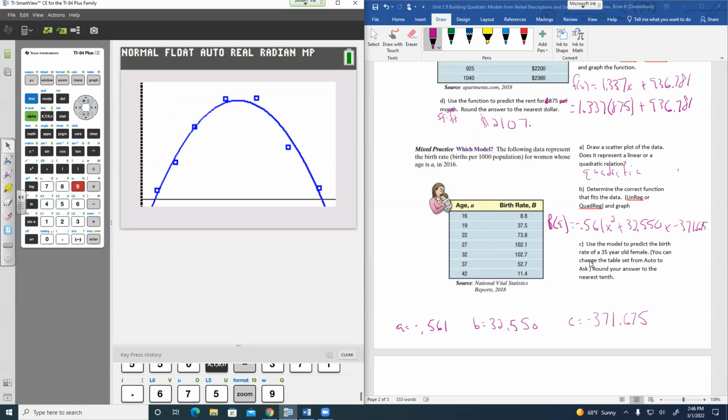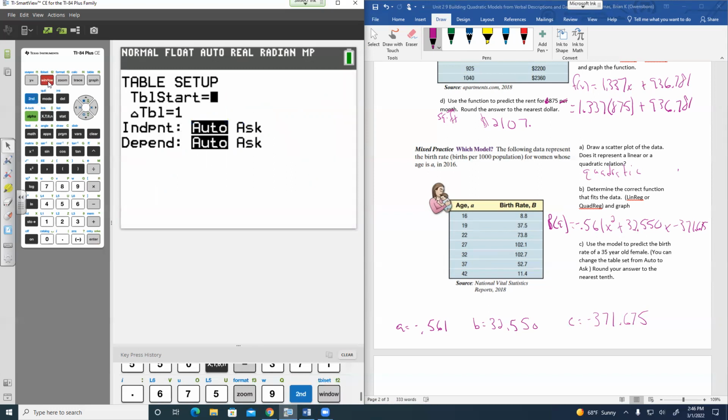So from here, it says use the model, predict the birth rate of a 35-year-old female. You can change the table set from auto to ask and round your answer to the nearest 10th. So what we're doing here, instead of trying to do this by hand, if we go to table set, so if it's second table set, what I can do is go down here and change the independent variable to ask, hit enter.